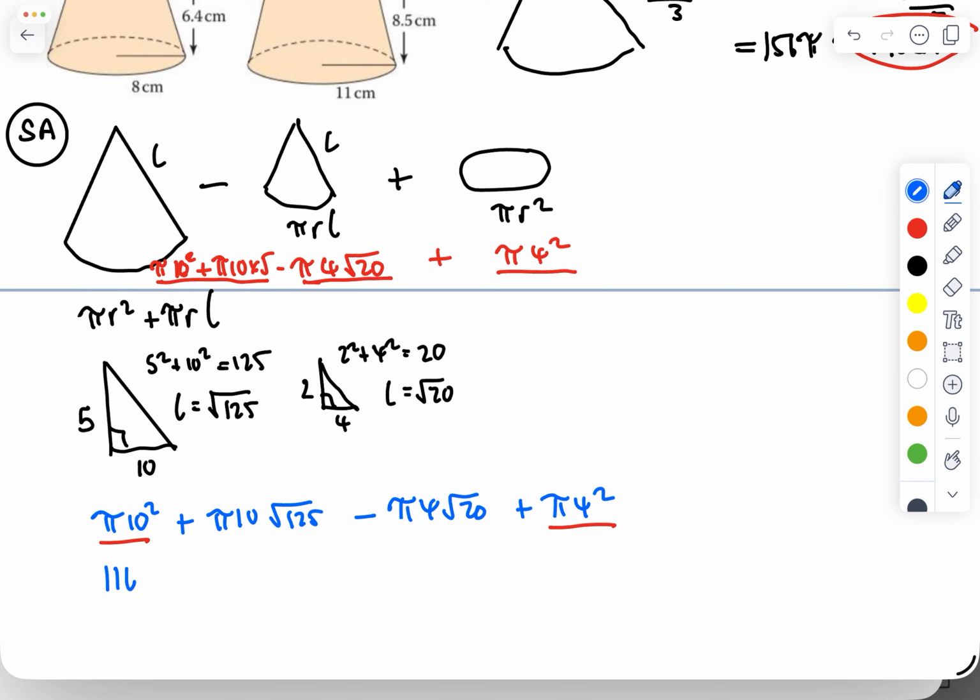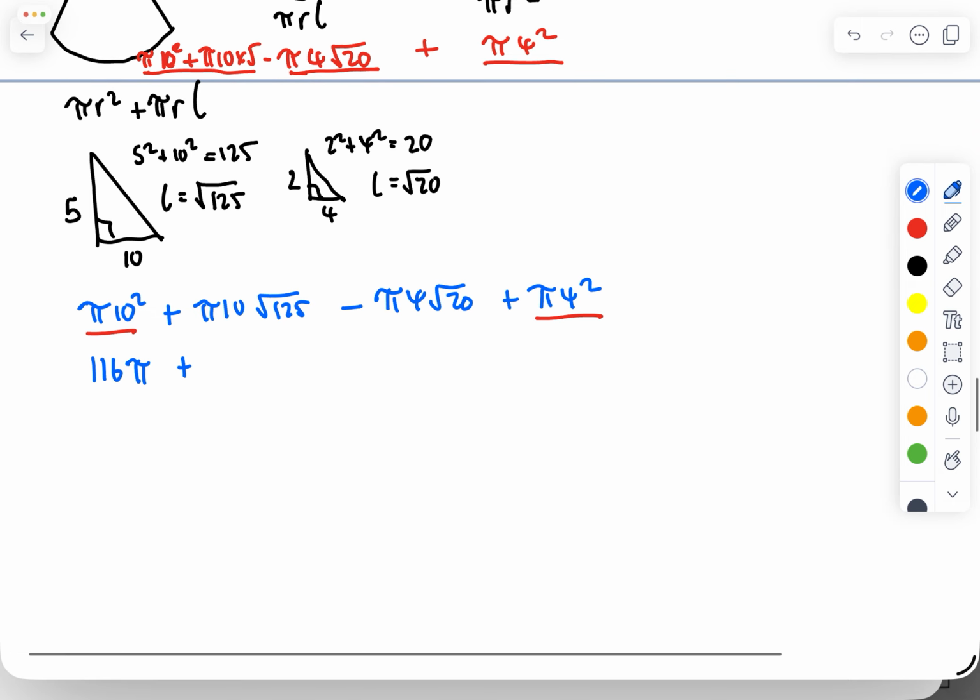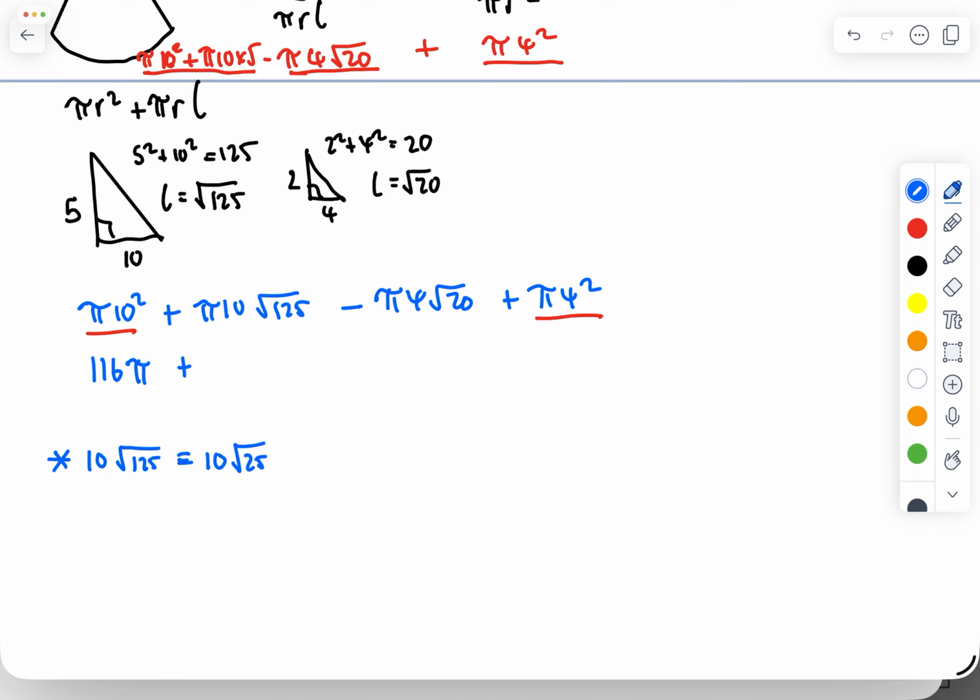I've got 116 pi. Now I'm going to add my surds. But remember, we can simplify surds. So 10 root 125 is the same thing as 10 square root 25 times 5, which means that square root of 25 is actually 5, times the square root of 5. So that's 50 square root of 5.